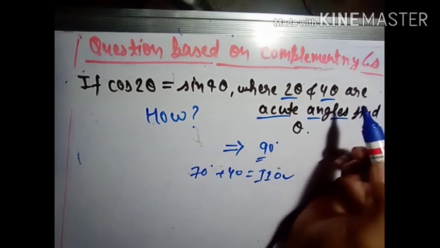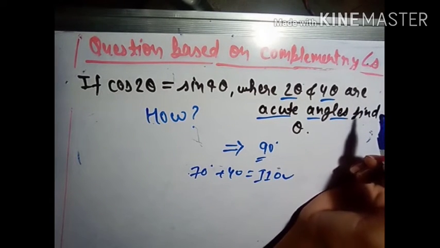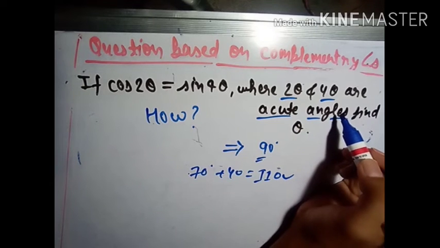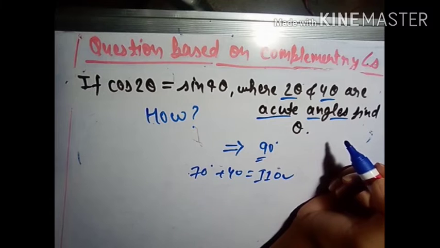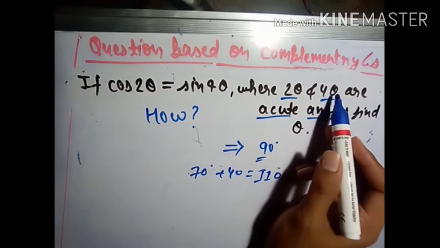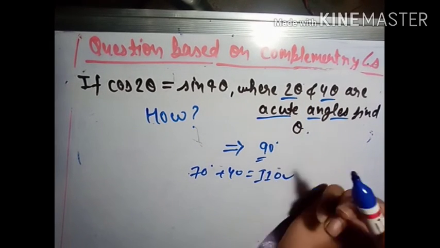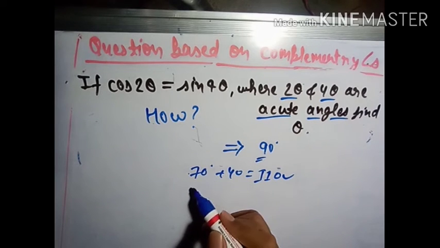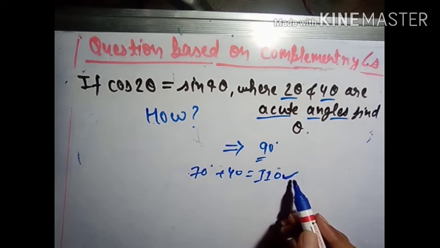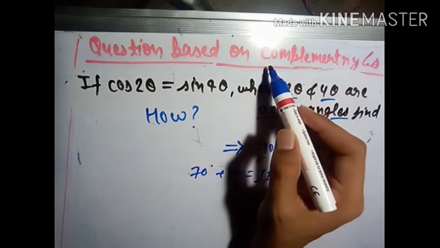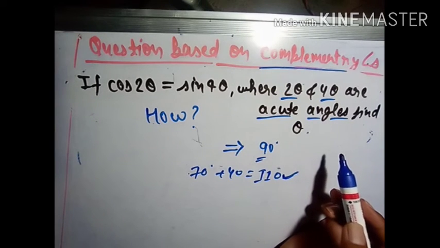2 theta and 4 theta are acute angles. Find the value of theta. Understand? So 2 theta and 4 theta must be less than 90, and when we suppose for a while that one angle is 70 degree and the other is 40 degree, the answer comes out to be 110 degree. So the complementary concept is not applicable for this question.